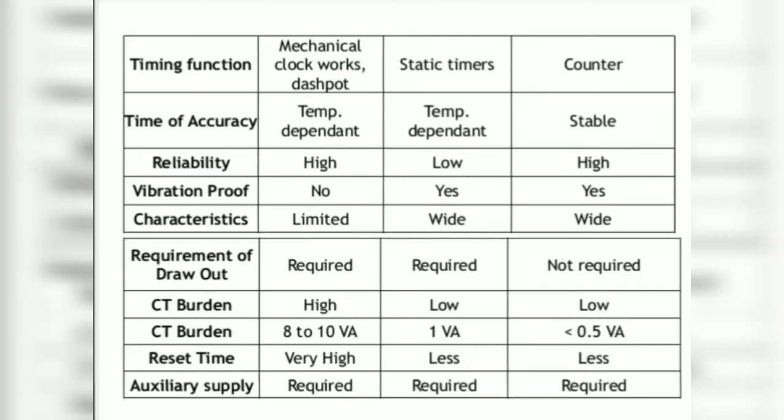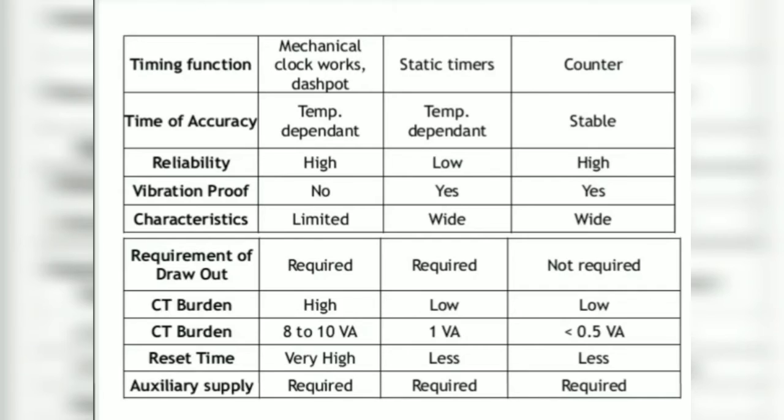The current transformer burden is very high in electromagnetic relay, low in both static relay and numerical relay. The CT burden is about 8 to 10 VA in electromagnetic relay, 1 VA in the case of static relay, and less than 0.5 VA in numerical relay.